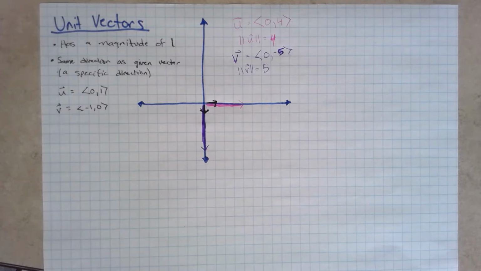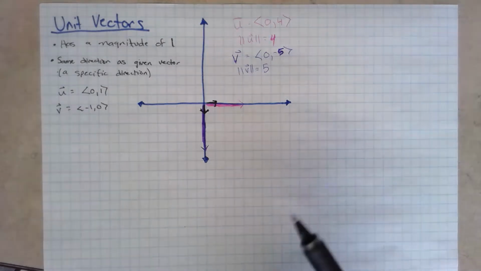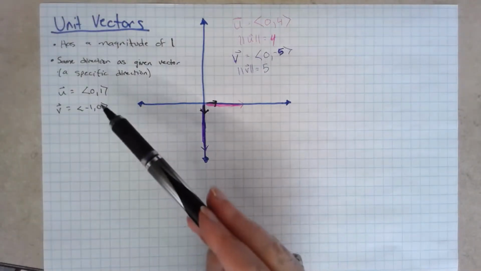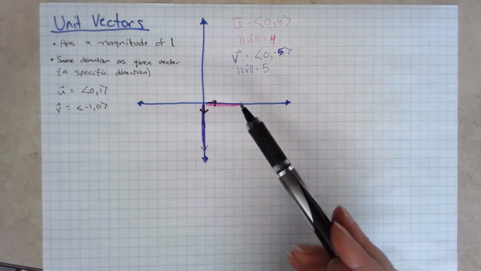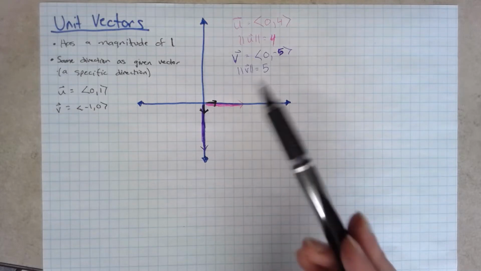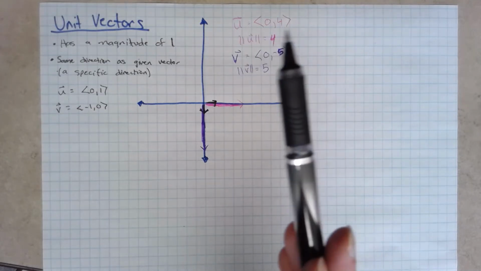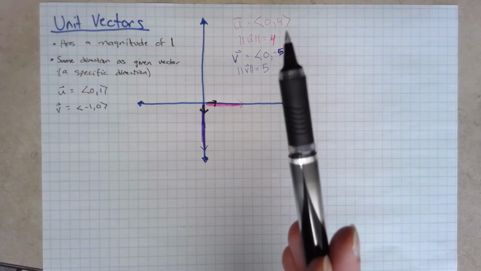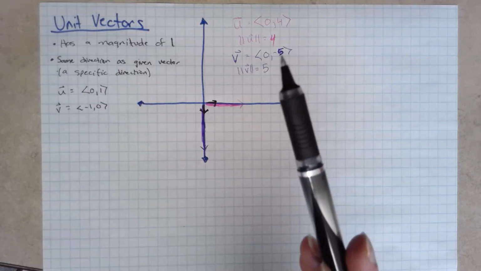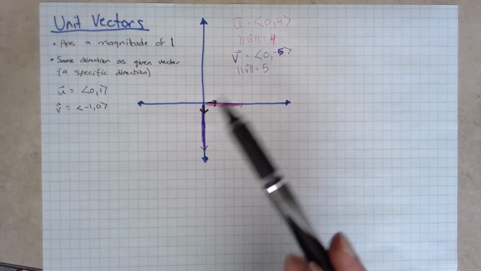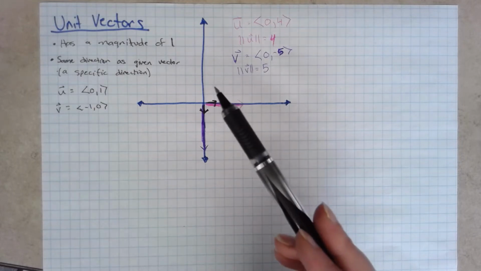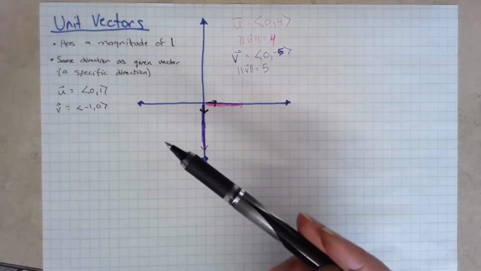But let's think about what we mathematically did to get those. My original one was 0, 4, and my unit was 0, 1. What did we do to our magnitude here? We divided it by 4, right? So we really took our whole vector and divided it by its magnitude to get 0, 1. If you look at vector v, negative 5, 0, and we took the vector and divided it by the magnitude, we would get negative 1, 0.